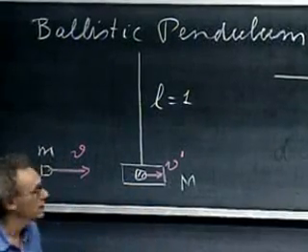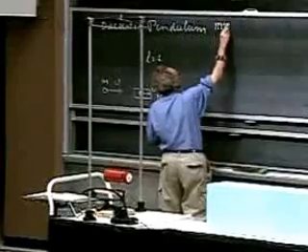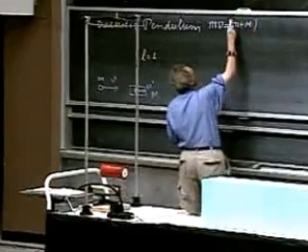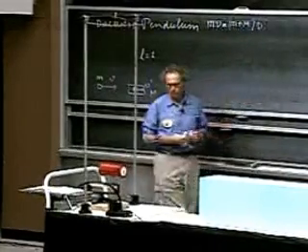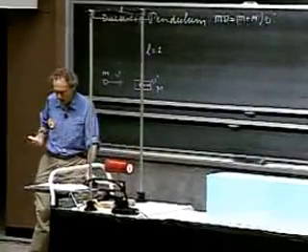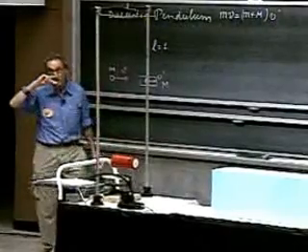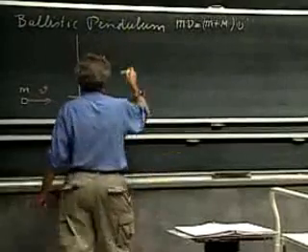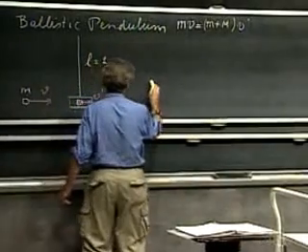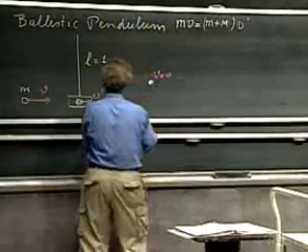Momentum is conserved, so we clearly have that mv equals (M plus m) times v prime. So if you could measure v prime, then you could measure the speed of the bullet, which is v. How do we measure v prime? Well, we wait for the pendulum to come to a halt, let's say here, when the speed is 0.